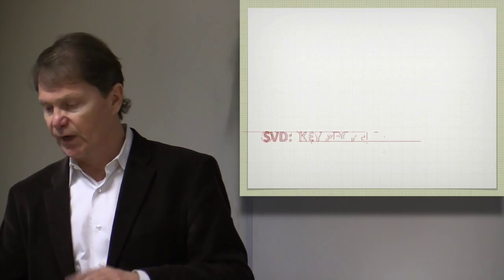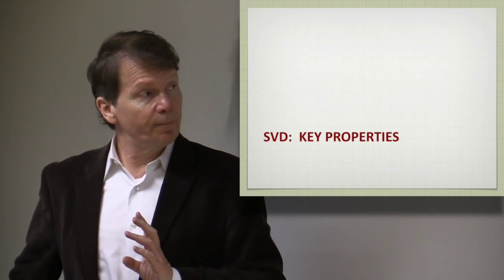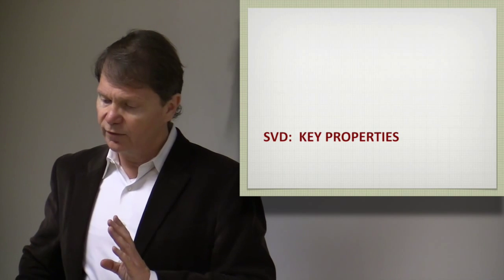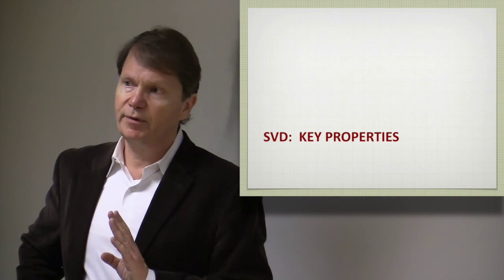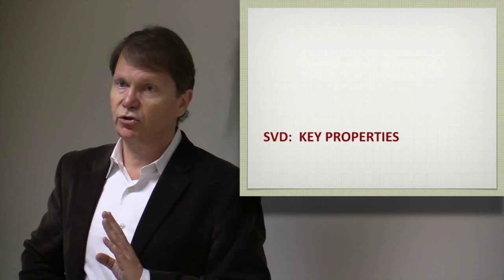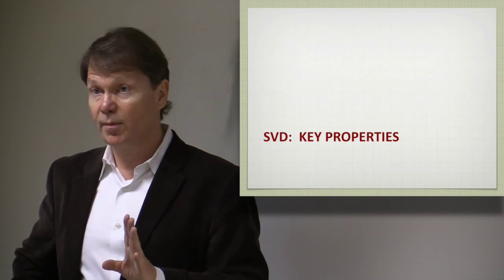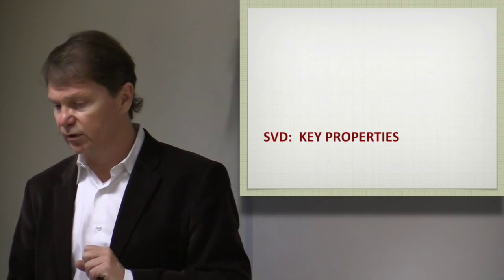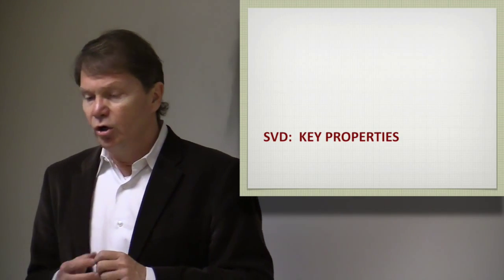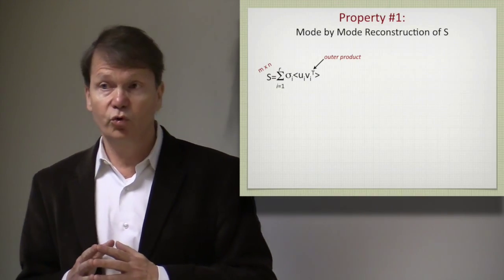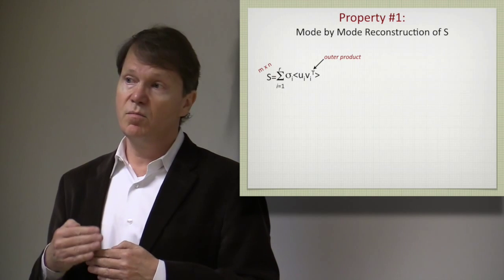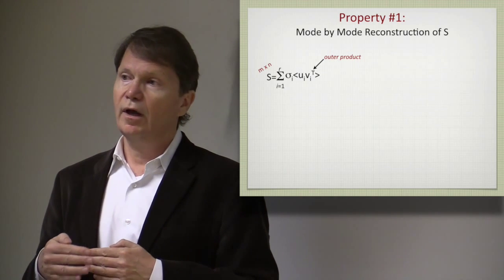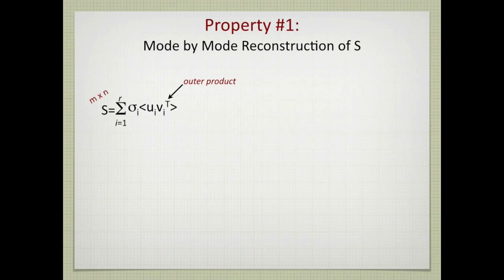Let's talk about a couple of key mathematical properties of the singular value decomposition. There are many properties, but there are two of particular importance here. The first one I want to go through shows you the explicit mode-by-mode reconstruction of a matrix, and that is shown by that equation over there.